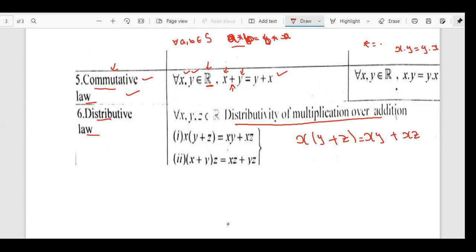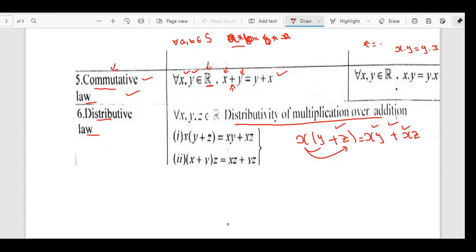And we know this already, if we multiply x with y, we get xy. When we multiply x with z, we get xz, right? But whenever you will be proving this, you won't be doing it this way. You will do this side, you will do this side, and you have to show that both these sides are equal, right?